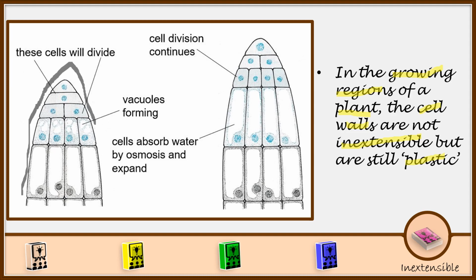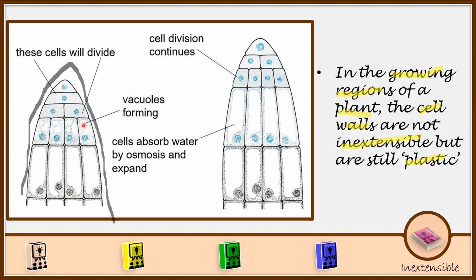These are shoots, and you can see that on the tip of the shoots we have cells which will continue to divide. Here, these are cells which are dividing, and after division the vacuoles will start forming in those which have stopped dividing.